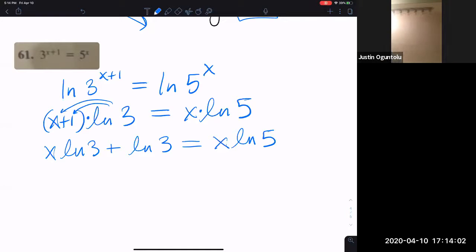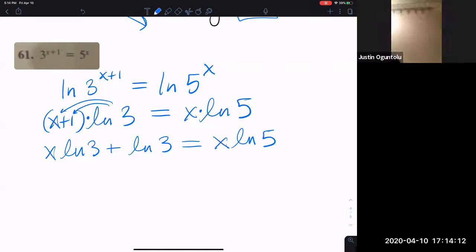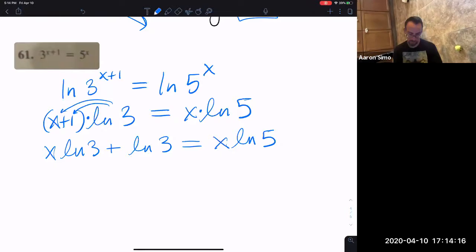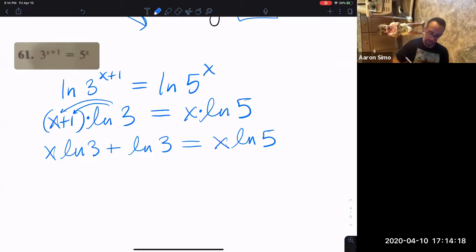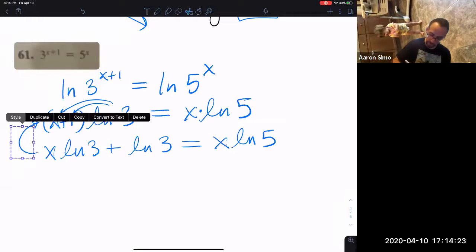Okay. x ln 3 plus ln 3. Should we factor out a ln 3? If you did that, you would go back to this. If you factored out a ln of 3, you would actually go backwards, believe it or not.